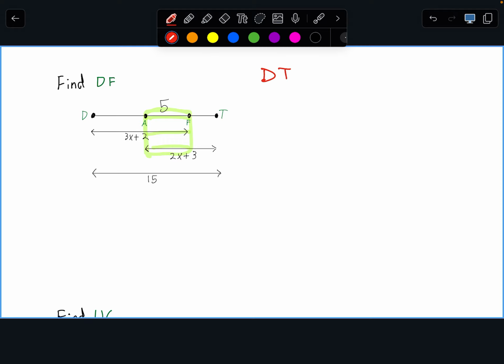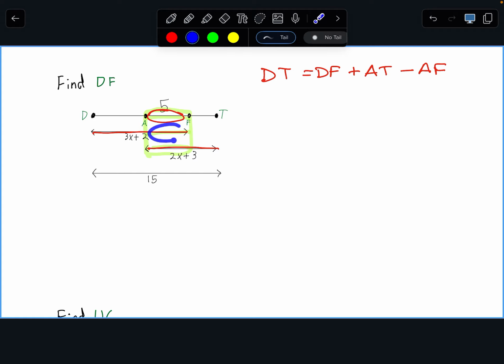And the two pieces that I have are DF plus AT. But then I need to get rid of this piece. So then I'm going to subtract AF because it overlaps right here, right? So if I can just take that part away, then I have this much, and that's my whole thing.